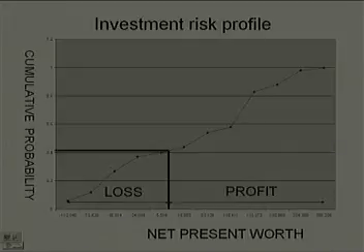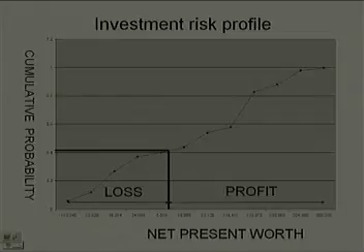Cumulative probability value, you can see it is slightly more than 0.4. There is about 40% chance that this particular investment option may return you a loss, whereas there is a 60% chance or slightly less than 60% chance that this particular investment option may give you profitable returns or positive returns.